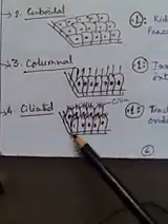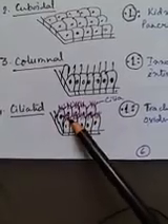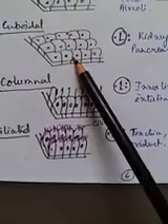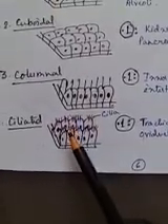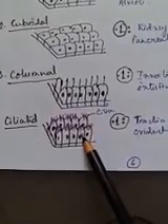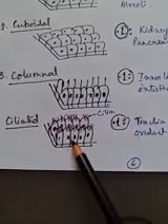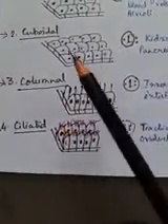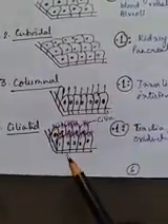Another type is a very peculiar type, that is ciliated, meaning columnar or cuboidal tissue having small hair-like structures called cilia. So ciliated epithelial tissue may be columnar type, columnar ciliated, or cuboidal type, cuboidal ciliated. The cilia or the hair-like structure should be there.